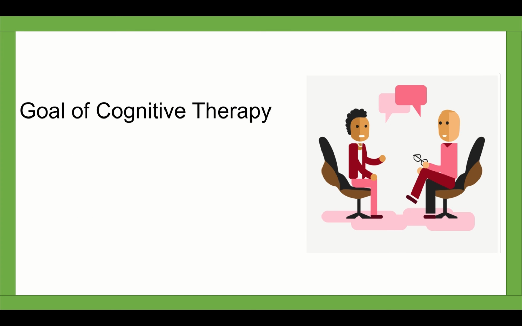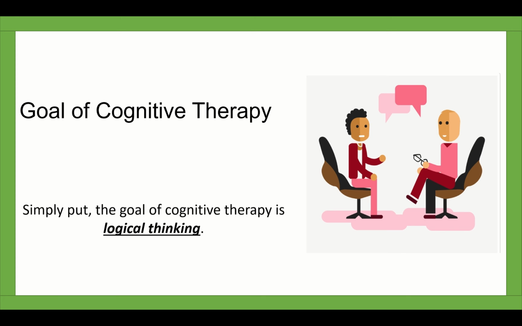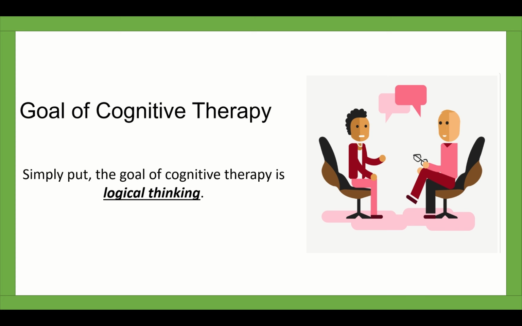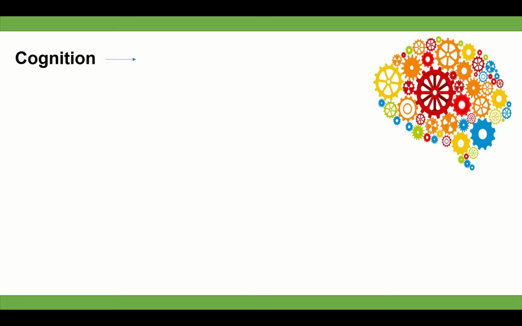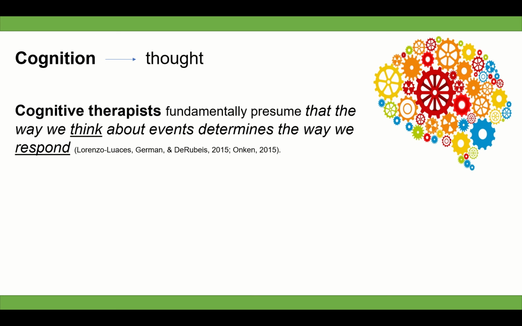Now, what's the goal of cognitive therapy? Simply, that is to promote logical thinking. So, cognition, meaning thought. Cognitive therapies fundamentally presume that the way we think, yung mga iniisip natin tungkol sa isang pangyayari, determines the way we respond.